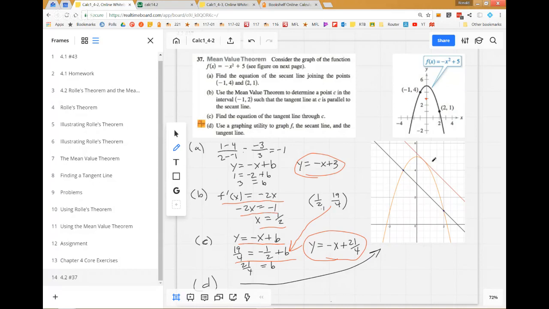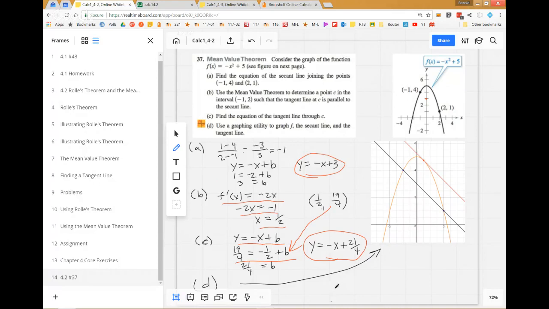And sure enough, if you plot them, do you see that here's that point, 1/2, 19/4, and do you see how that line is parallel, just like the mean value theorem said.